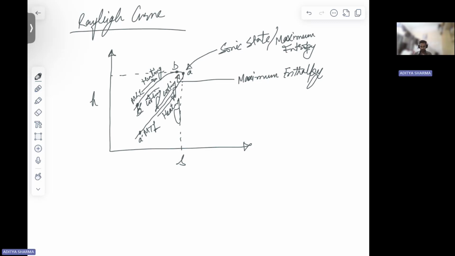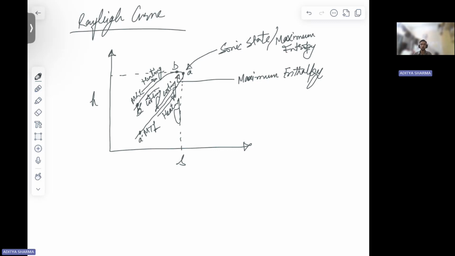If I have a flow with supersonic flow properties, this is the location of its enthalpy and entropy, A dash. Now if we add heat to this flow, it will go towards point A, the sonic state. Then if you further increase the heat, it will reach the sonic state.